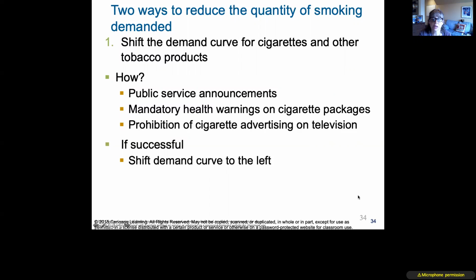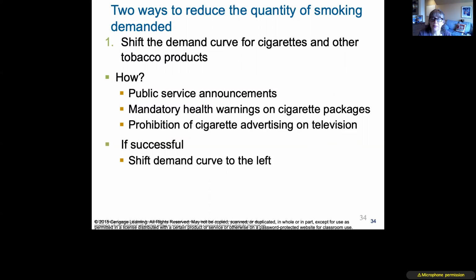How would you shift the demand curve? Well, you can shift the demand curve in a lot of ways. One of the ways is by preferences: public service announcements, mandatory health warnings.